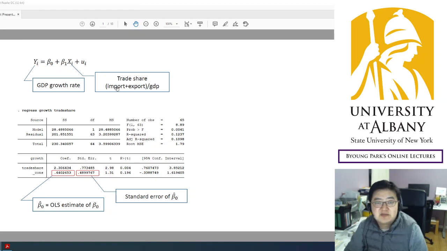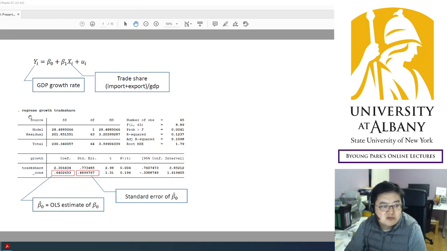It's the simplest possible model, and we had the data. The data were provided by the textbook, so we used this command: regress growth on trade share. The command is really intuitive, and when you execute it, you are going to get a table like this.